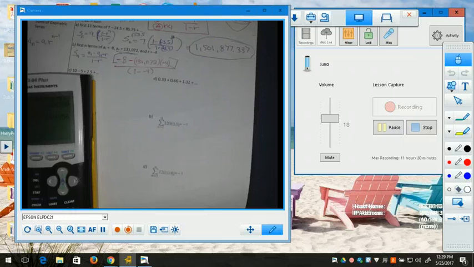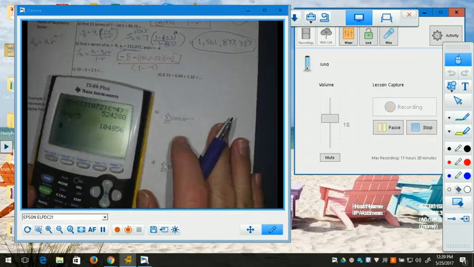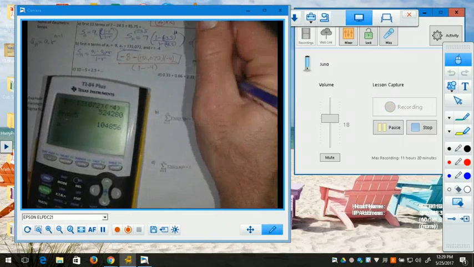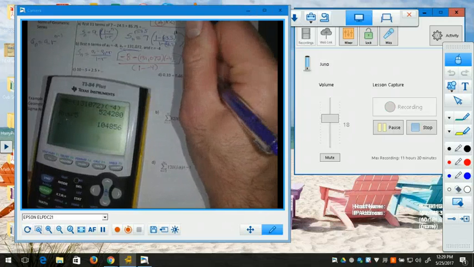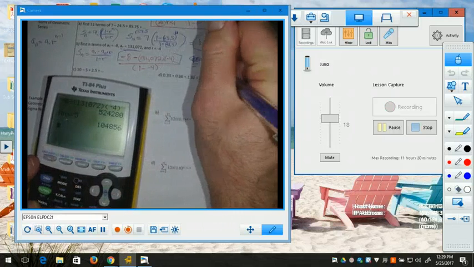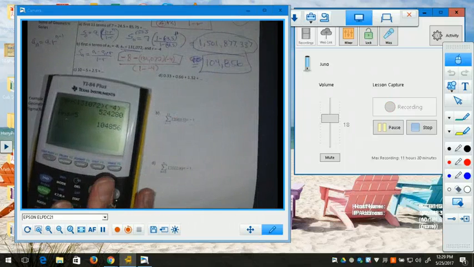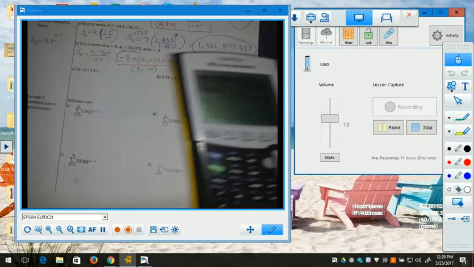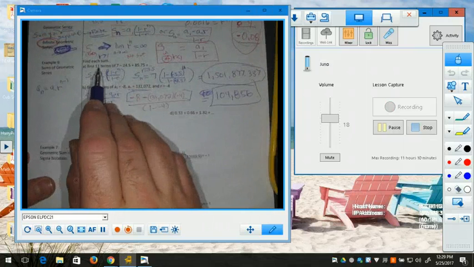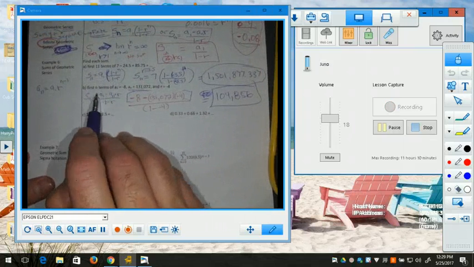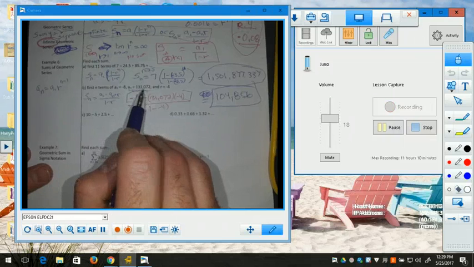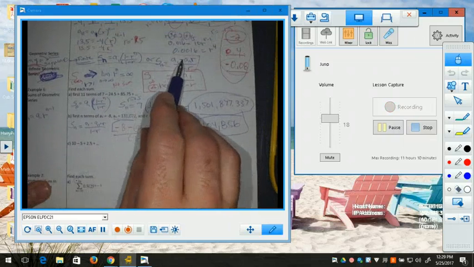So I get an answer of 104,856. So that's how we use the finite formulas for problems like this. Here they didn't tell me the first n terms, but they gave me the final term, so I could use that second formula.